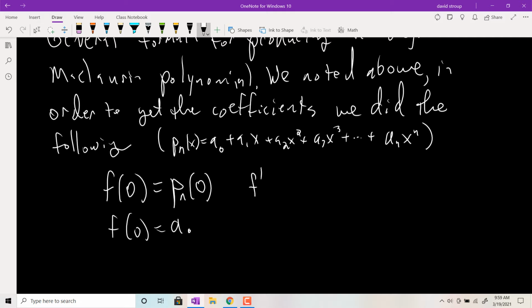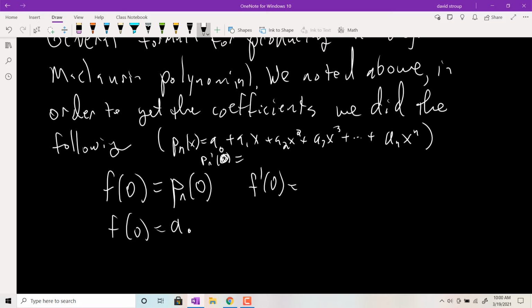And then for f prime of 0, we equated that to the derivative of the nth degree polynomial. P n prime of x will be a sub 1 plus 2 a sub 2 x plus 3 a sub 3 x squared.